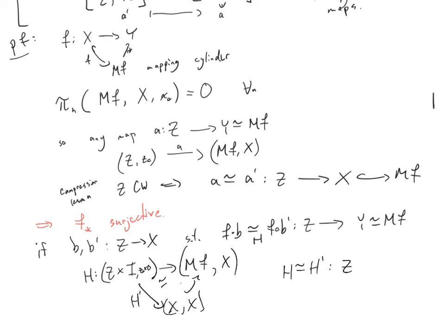And H prime goes from Z cross I into X, and H prime now witnesses the homotopy between B and B prime. And that ends our proof. Just 2 compression lemmas. And that's it for today.